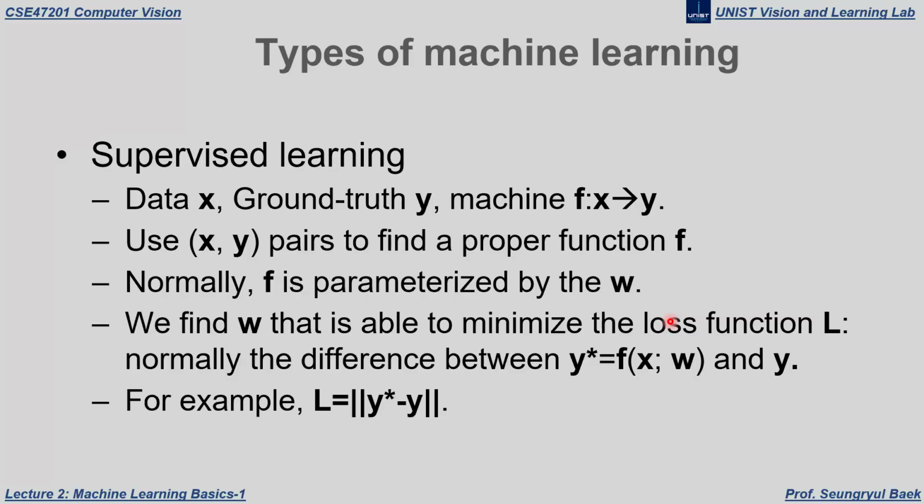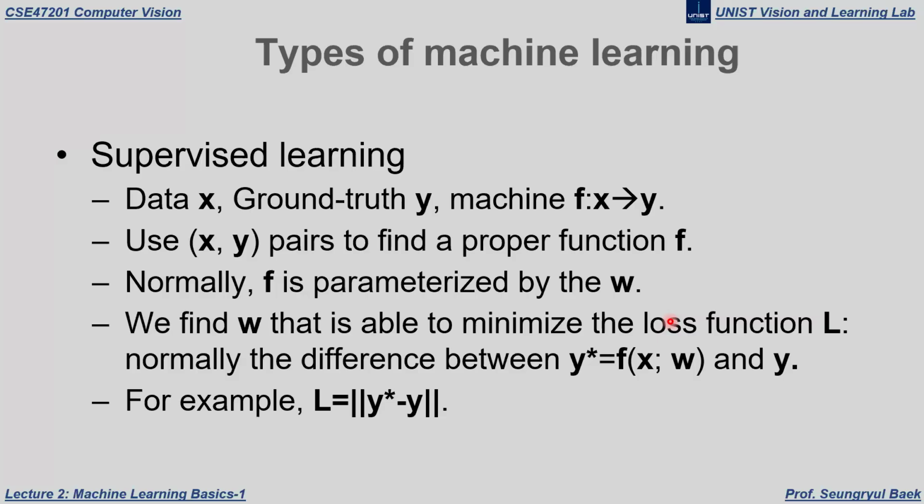And then after training, with this function f with updated parameters a and b, when we input a new sample, using the updated a and b, we can predict the output value which is close to the ground truth y star.